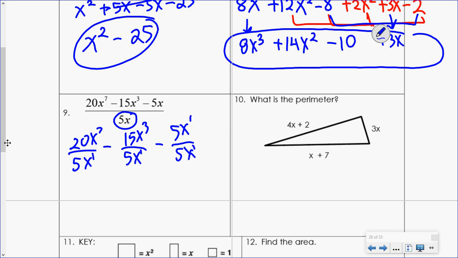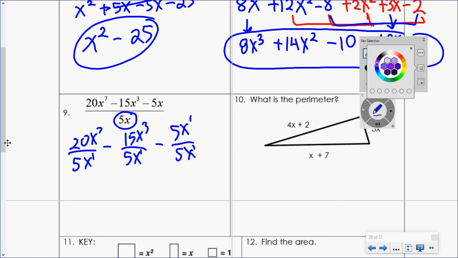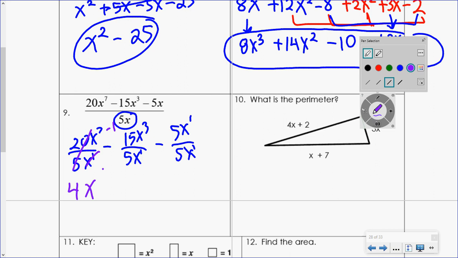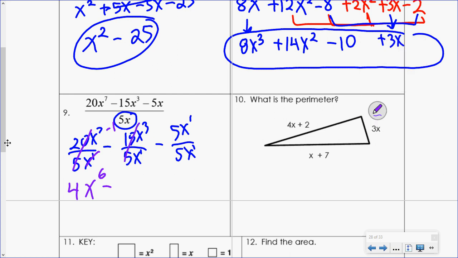Okay, so just starting from left to right. 20 divided by 5 is 4. I have 1x on the bottom, so I subtract it from the top. I get x to the 6th. Minus 15 over 5 is 3. X cubed divided by x to the 1, get x squared. 5 cancels, x's cancel, and I'm left with the number 1.